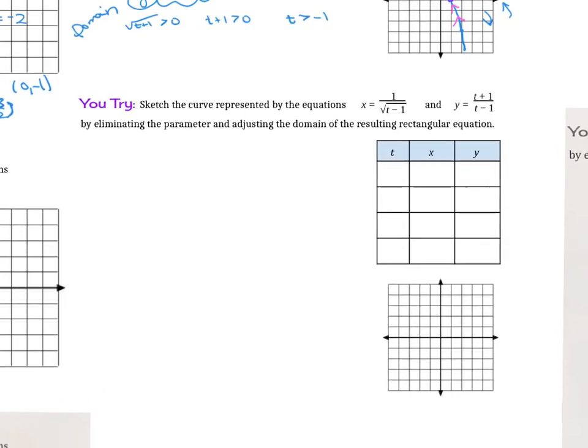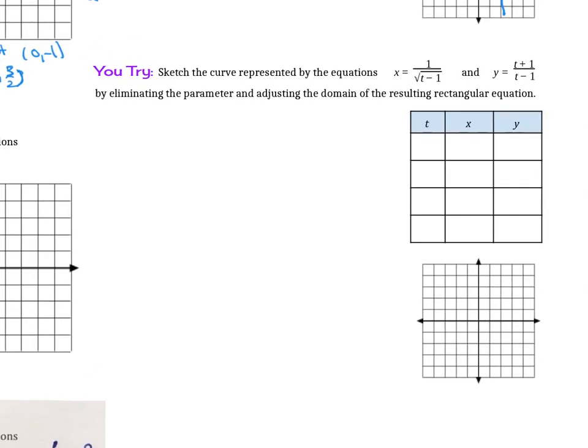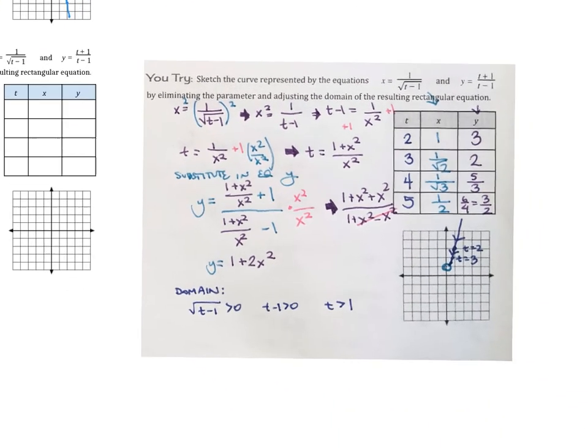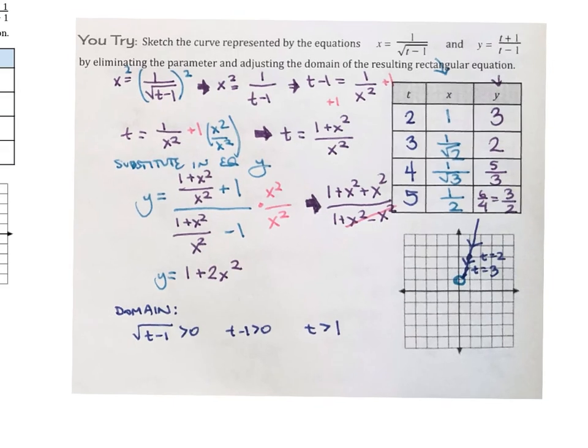Sketch the curve represented by the equation. So trying this out, you could also still get rid of the square root. The domain has to be greater than 1.